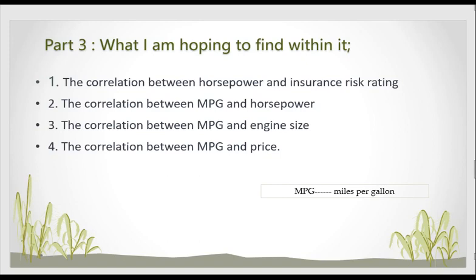So cars with higher horsepower are driven at much higher speeds, which is a little dangerous and may cause car accidents. So its insurance risk rating may be ranked as risky.